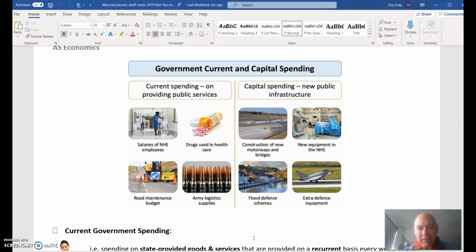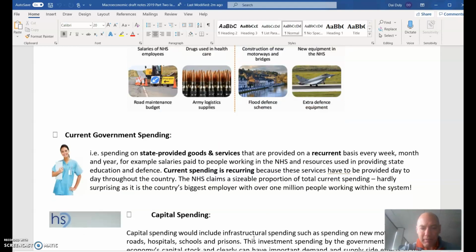Why? Any spending influences aggregate demand because it's a component of aggregate demand, C plus I plus G. Okay, so any government spending influences aggregate demand, but also some spending, capital spending on infrastructure, on equipment, will increase the productive capacity of the economy, so it also impacts upon aggregate supply.